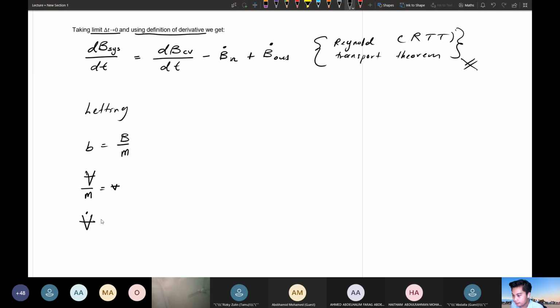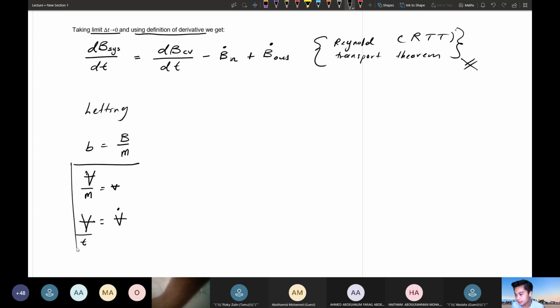Anything divided with time will have the dot. For example, this one divided with time will have the v dot. That is the concept.